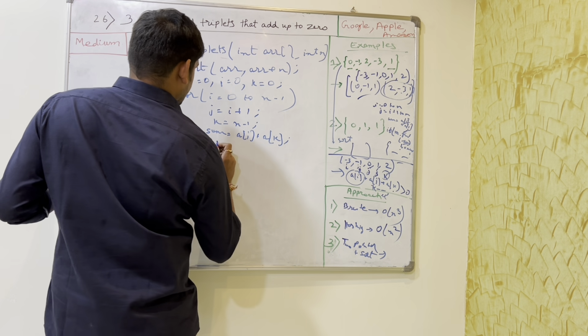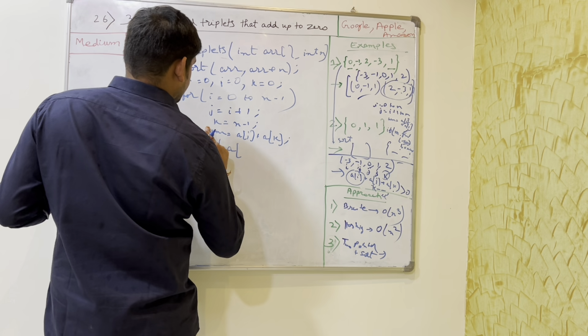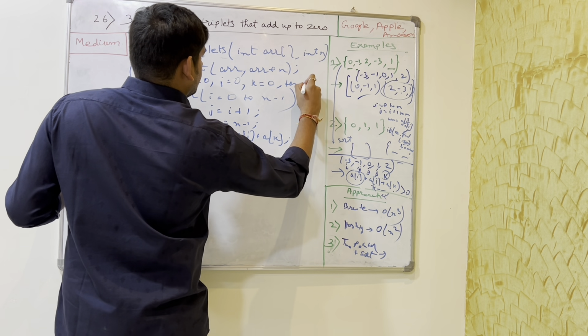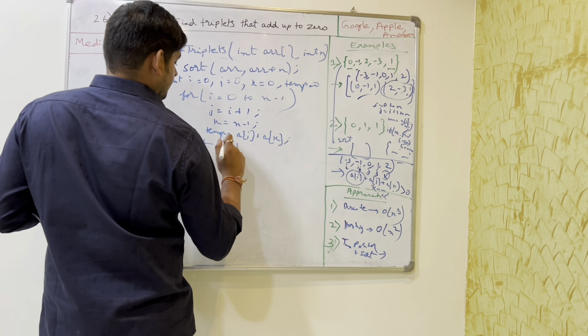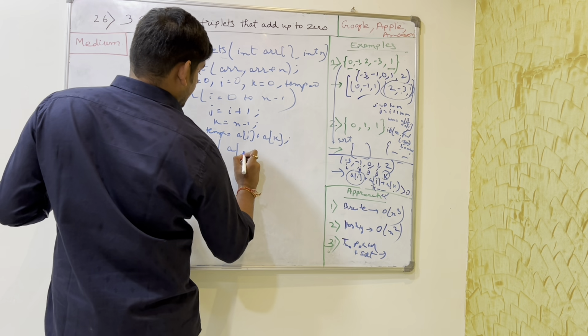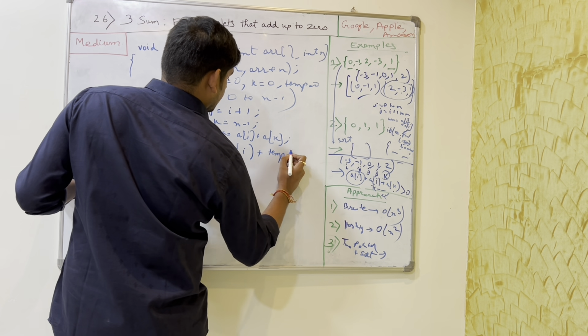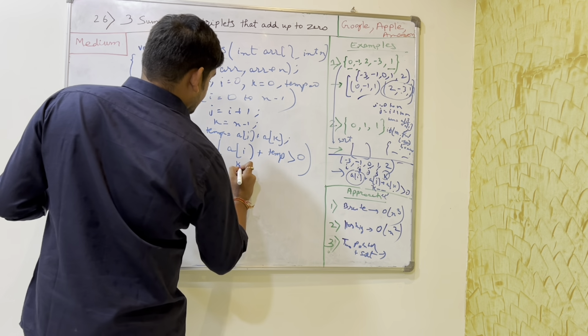Okay, and if ai, okay, this can be a temp value. Okay, temp equal to 0, temp is this. Okay, so if ai plus temp is greater than 0, that means we need to reduce the value, so k will become lesser.